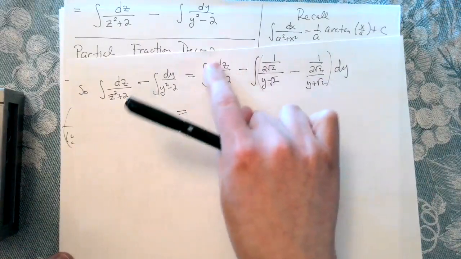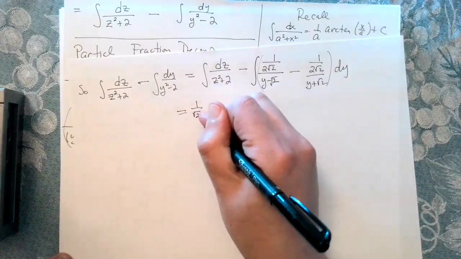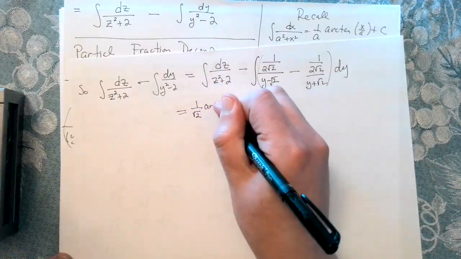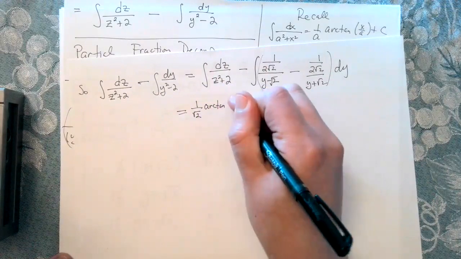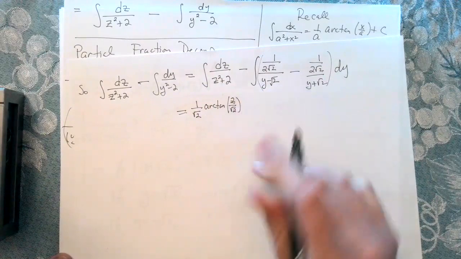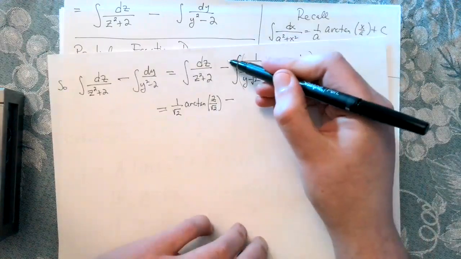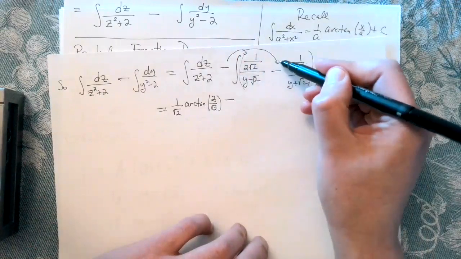So we said this was in an arctan form. So this is 1 over a times the arctangent of z over a. And then minus here. So if you want to distribute the minus, now's a good time.